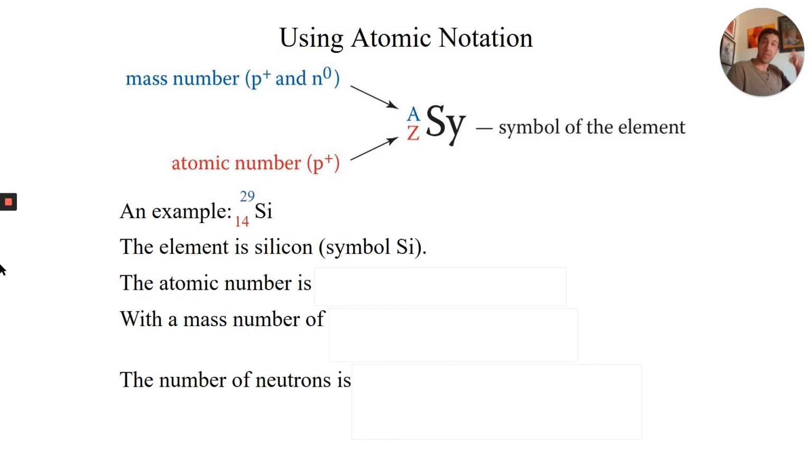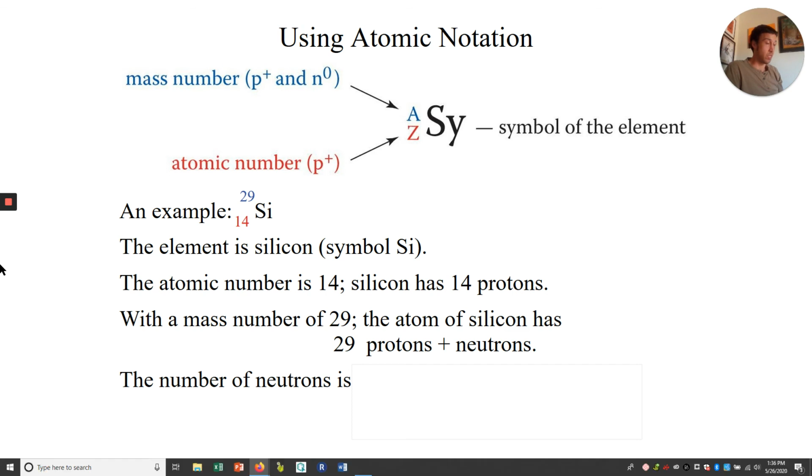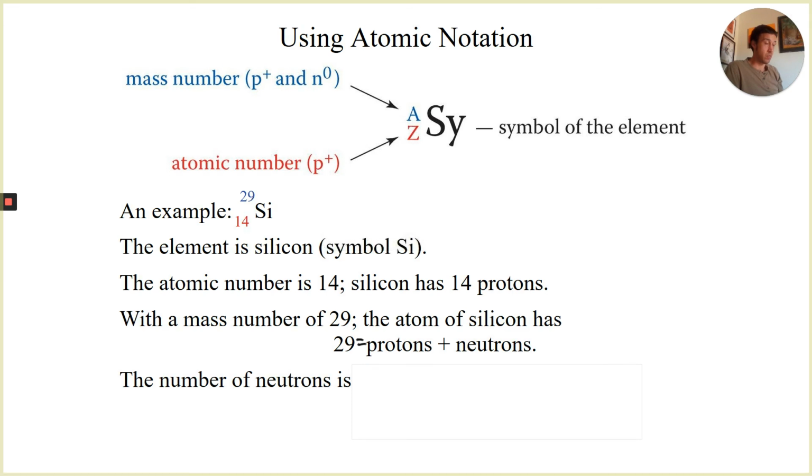The atomic number found in that lower left-hand corner is a pretty straightforward one with 14 protons. The mass number is in our upper left-hand corner, and we know that we have 29, which is the number of protons and neutrons. Since we now know the number of protons and neutrons, we can solve for the number of neutrons.